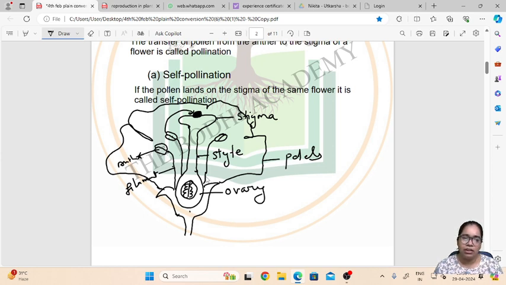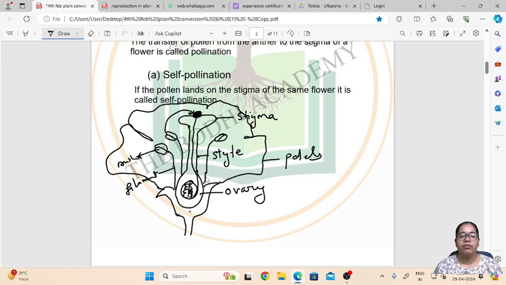This flower consists of the male gametes and the female gamete. The pollen grain settles on the stigma of the same flower, and then it will form the pollen tube, and then it will fertilize the flower.